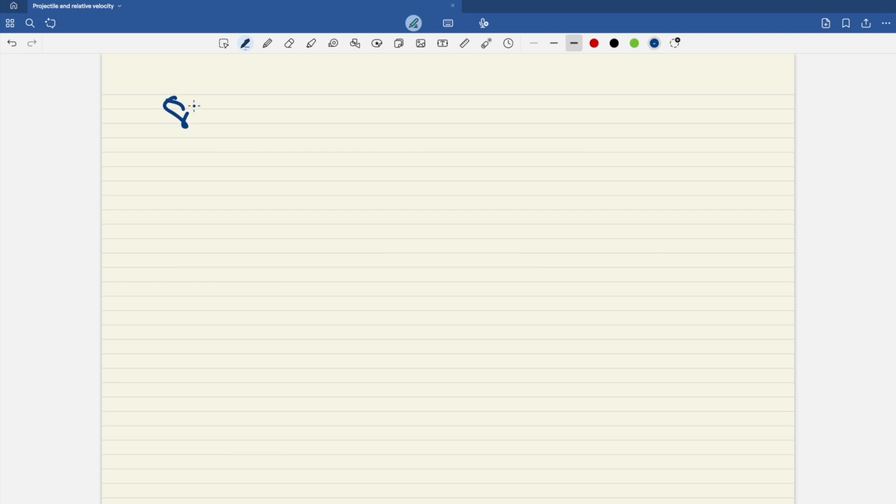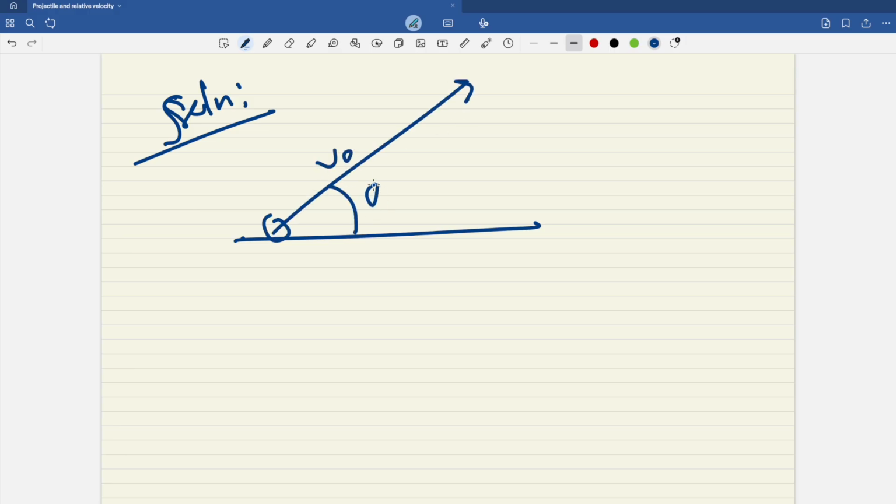First answer. Drawing the diagram helps us a lot. Here we go. If we draw a diagram right over here, this is initial and this is our final point.